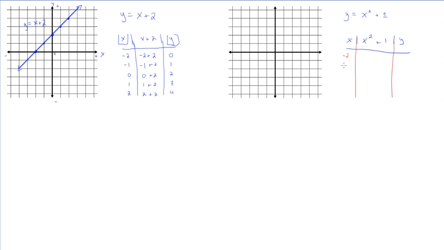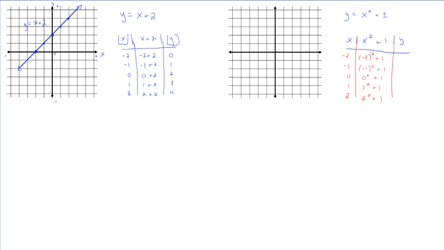So we've got -2, -1, 0, 1, and 2. We're going to have -2 squared plus 1. We'll have -1 squared plus 1, 0 squared plus 1, 1 squared plus 1, and 2 squared plus 1.